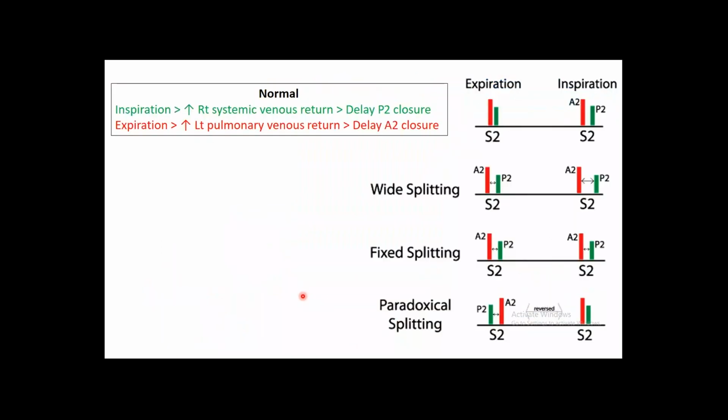Then moving to something called splitting of heart sounds. As we said, each heart sound is formed of two components, but due to the close timing between the mitral and tricuspid closure, it is a little bit difficult to appreciate any splitting of the first heart sound.